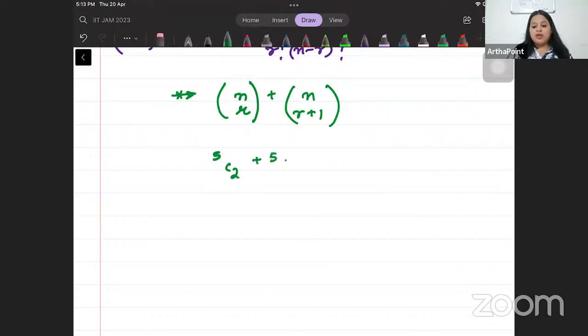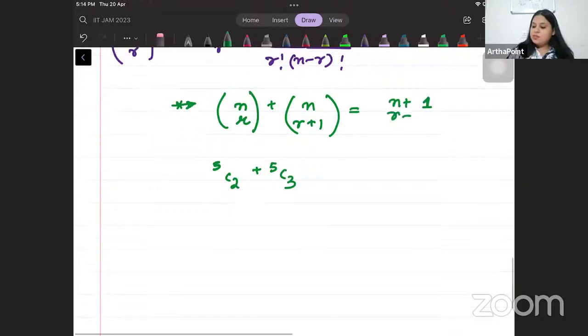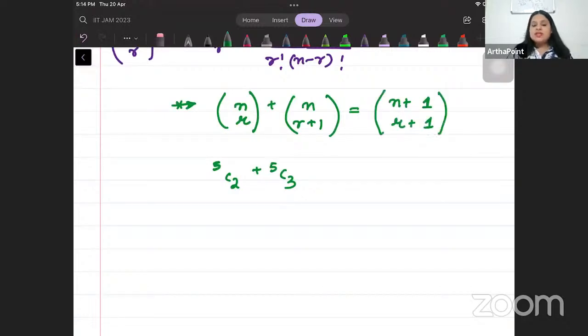If you are asked to open something like this, then this can simply be written as (n plus 1)C(r plus 1). This is how you can write this formula.